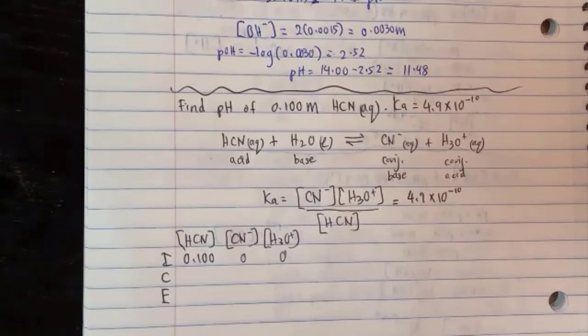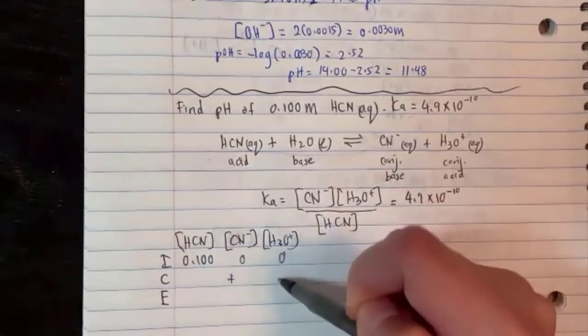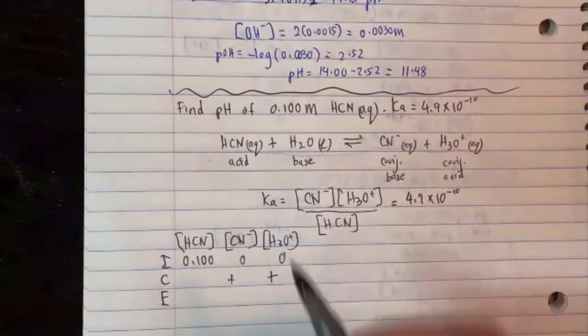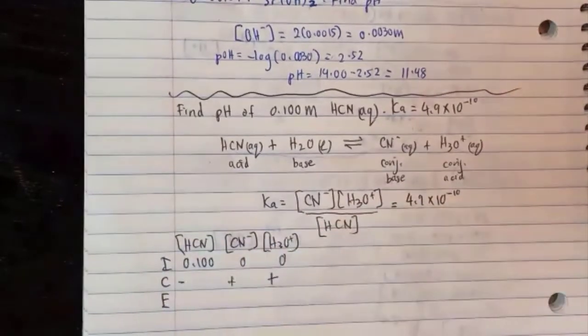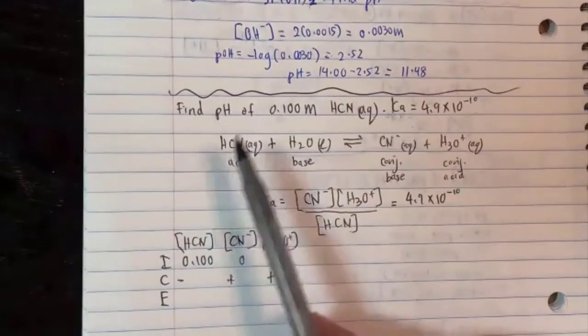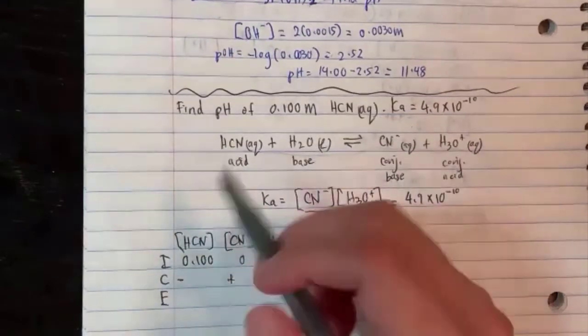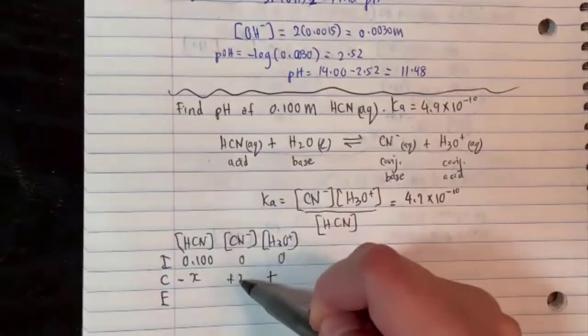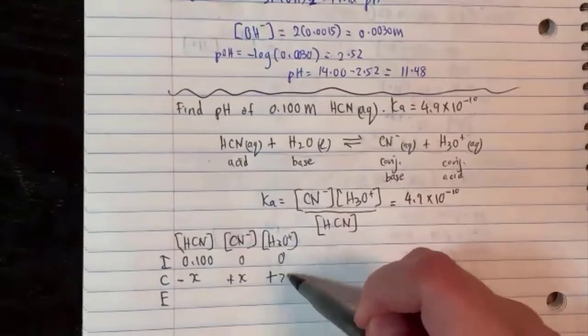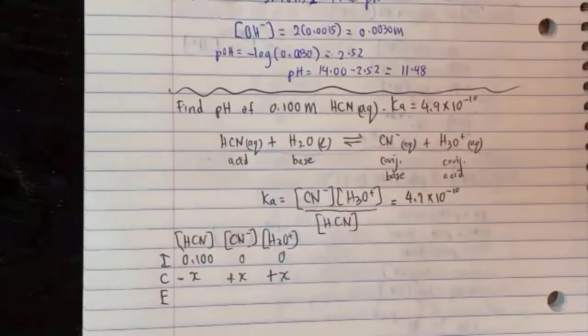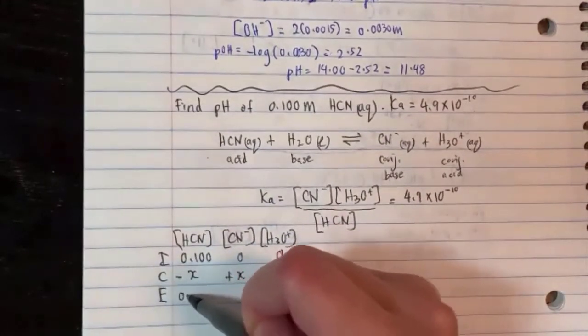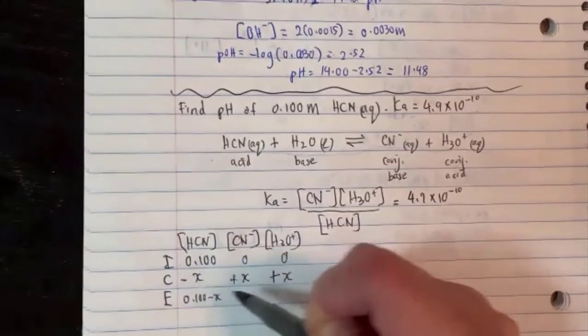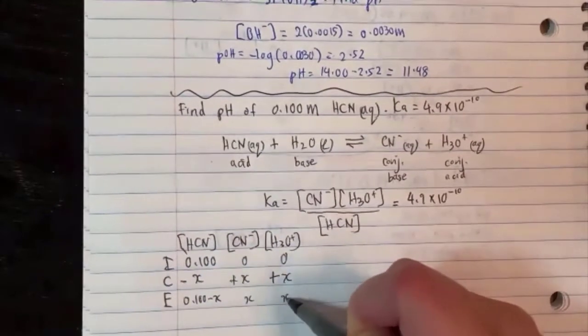If there are no zeros, you have to calculate the Q and compare Q to K to see which direction it will go. In this case, it goes up with CN and H3O plus, and down with HCN. Because the ratio is 1 to 1 to 1, it's going down 1x, going up 1x, and going up 1x. So we put in 0.1 minus x, x, and x.